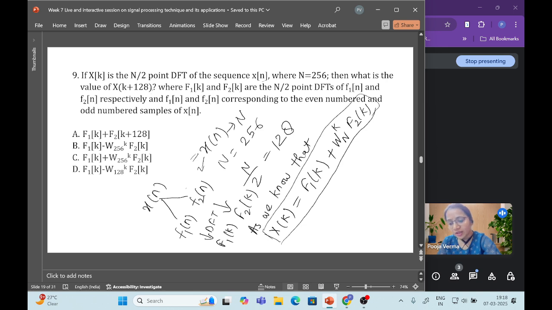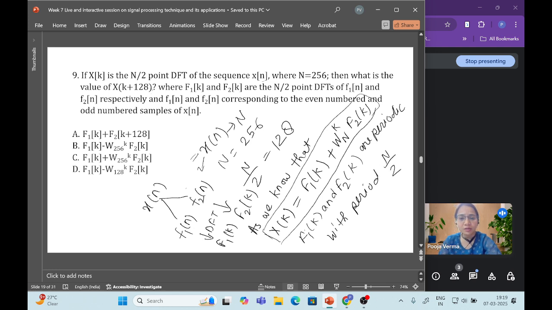Now F1(k) and F2(k) are periodic, already we know that, with period N by 2. Already we have seen this in the DFT properties and many problems also, the periodic signal and periodicity property of DFT. So that will be applied the same here.